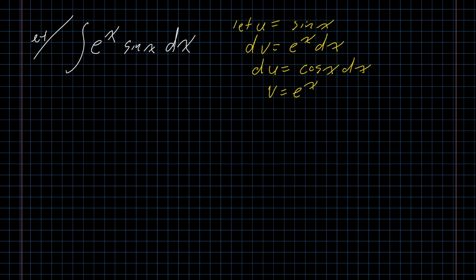So I've got u times v, e to the x sine x, minus integral v du, e to the x cosine x dx. And okay, we've seen this fish before.